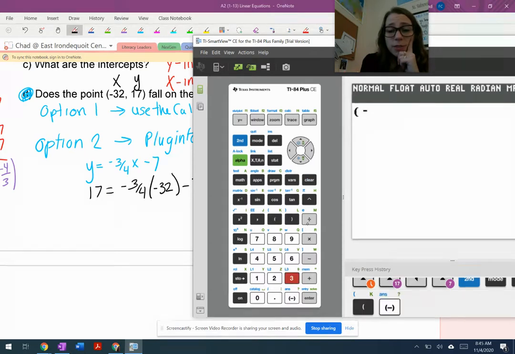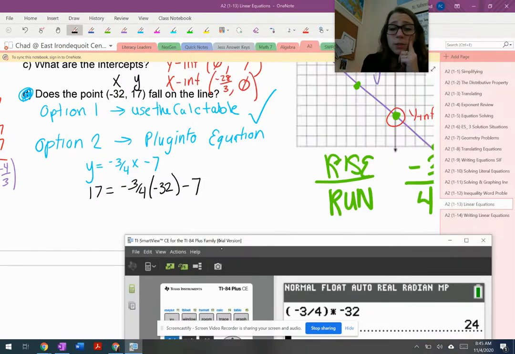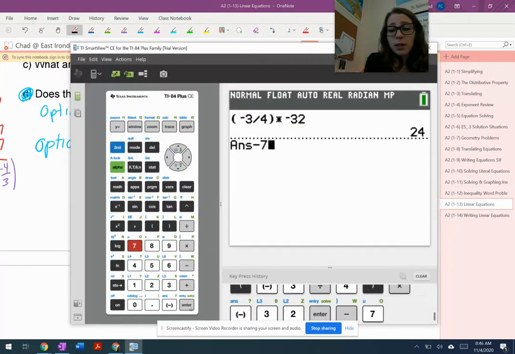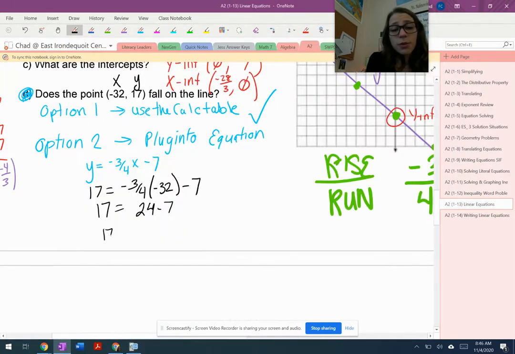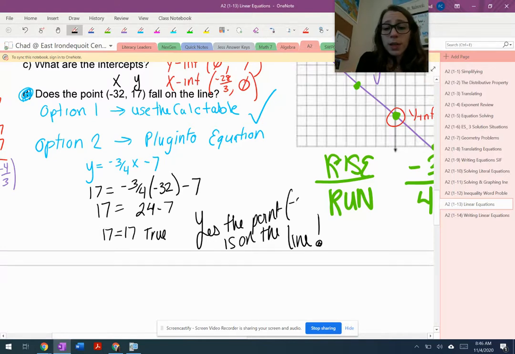So -3 divided by 4, remember I'm putting that fraction in parentheses, times the -32 gives me 24, minus the 7 gives me 17. So 17 is equal to 17, a true statement, which means yes, the point is on the line. The point, let's be specific, the point -32, 17 is on the line.